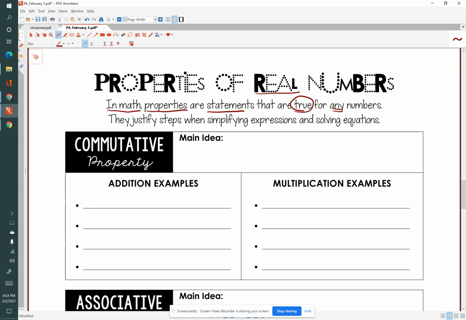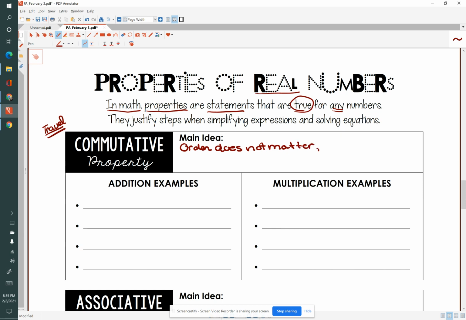So let's talk first about the commutative property. To commute means to travel. And what does that have to do with it? Well, the commutative property tells us that order does not matter, but there's a catch.